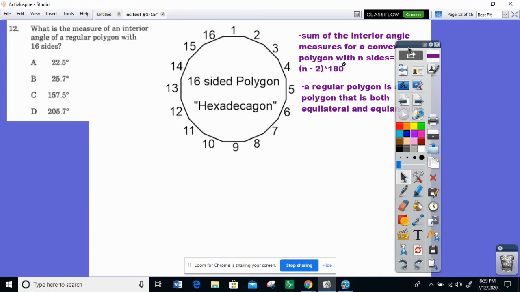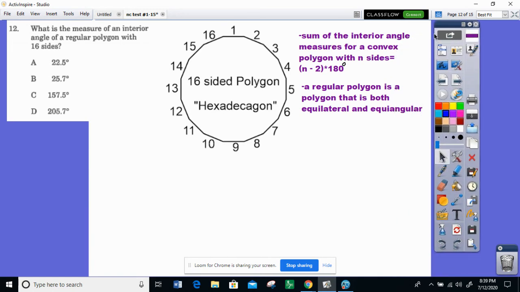All right, let's look at number 12. Number 12 says, what is the measure of an interior angle of a regular polygon with 16 sides? There's a couple of things that you want to know in order to solve this problem. The sum of the interior angle measures for a convex polygon, that's all the polygons that are covered in this class, equals n minus 2 times 180 degrees.